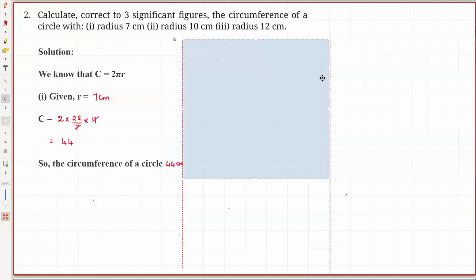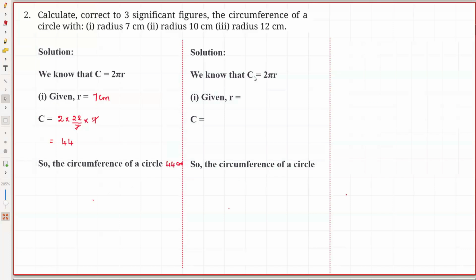Now the second one, the radius is given as 10 centimeter. We know that C is equal to 2 pi r. Just apply the formula: 2 into the pi value 22 by 7 into the radius 10. We just multiply and divide by 7. 2 into 22 is 44, 44 into 10 is 440.